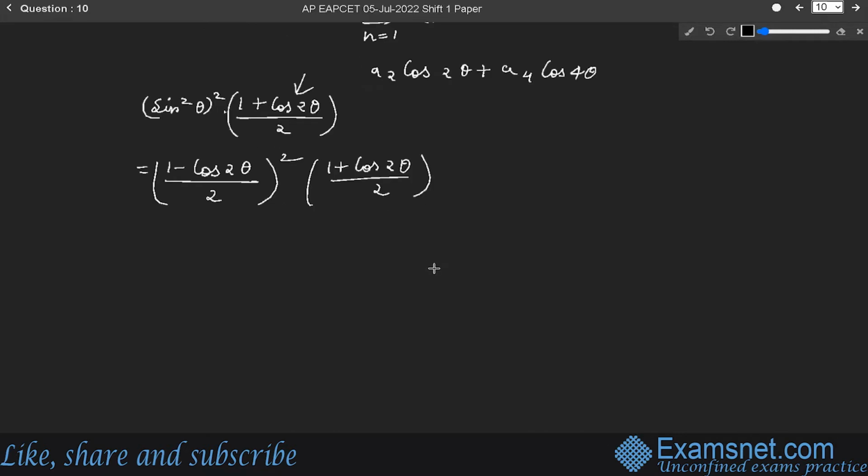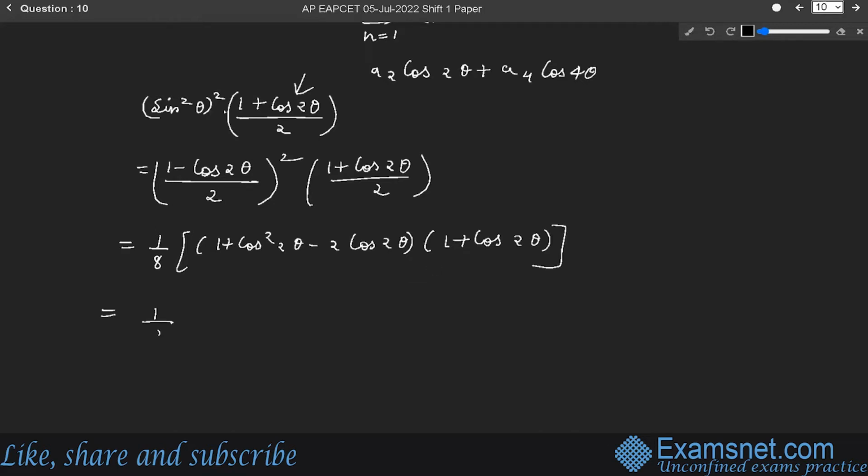On further solving, it will be 1 by 8 into (1 plus cos²2θ minus 2 cos 2θ) into (1 plus cos 2θ). Again on solving, it becomes 1 upon 8 into (1 plus (1 plus cos 4θ) divided by 2 minus 2 cos 2θ) into (1 plus cos 2θ).